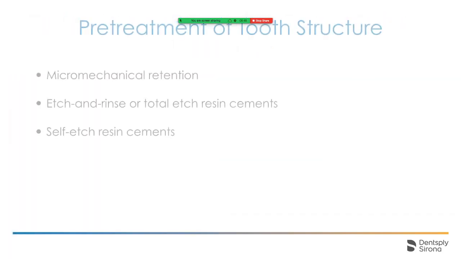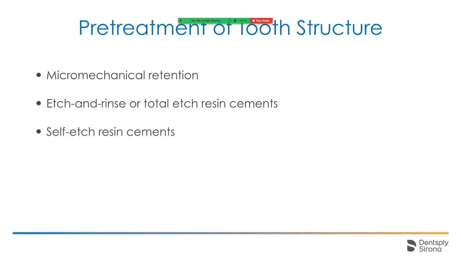How can we pre-treat the tooth structure? Resin cements mainly adhere to the tooth structure through micromechanical retention. To achieve this micromechanical retention, the usual adhesive steps of etching, priming, and bonding should be performed on the enamel and dentin to form a stable hybrid layer.